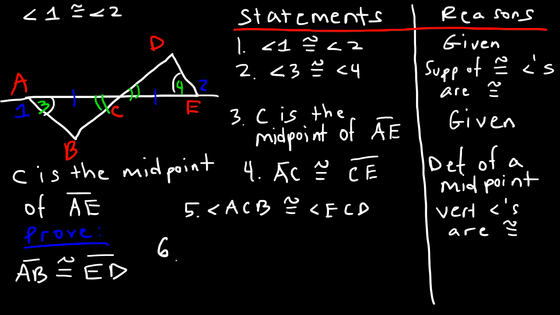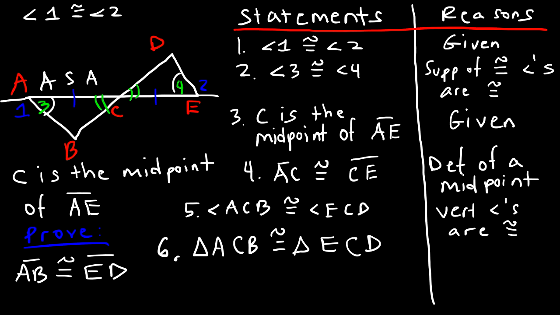Now let's move on to step 6. So now we can prove that the triangles are congruent. We have an angle, a side, and an angle. So let's say that triangle ACB is congruent to triangle ECD. And that's using the side angle, actually that's the wrong one. It's the ASA angle side angle postulate.